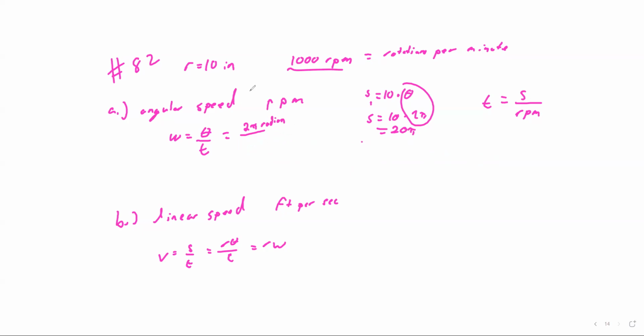Hmm. Okay, we're going further away from where I think we need to go. All right, so we got the 2 pi radians. Ooh, it's gonna be a tough one, nice. All right, so then time. How long does it take to go around the circle once? And if the circle is 20 pi, every 1,000 rotations.